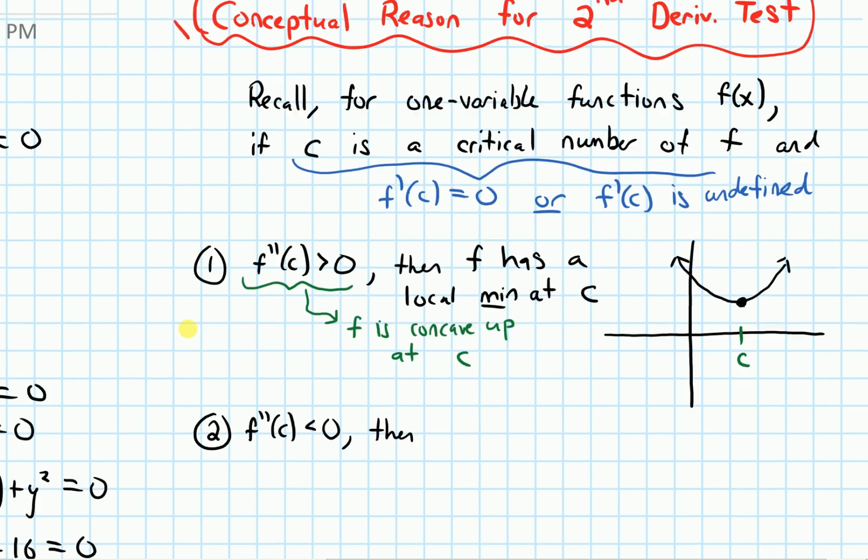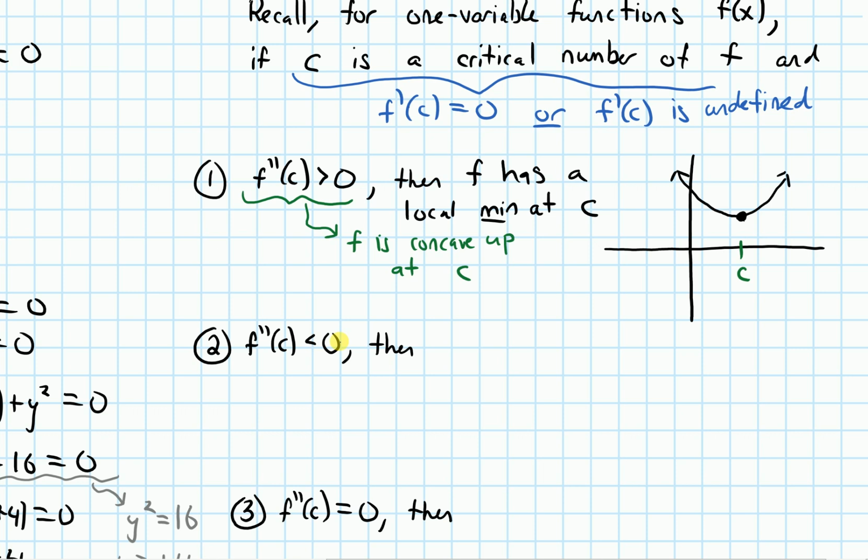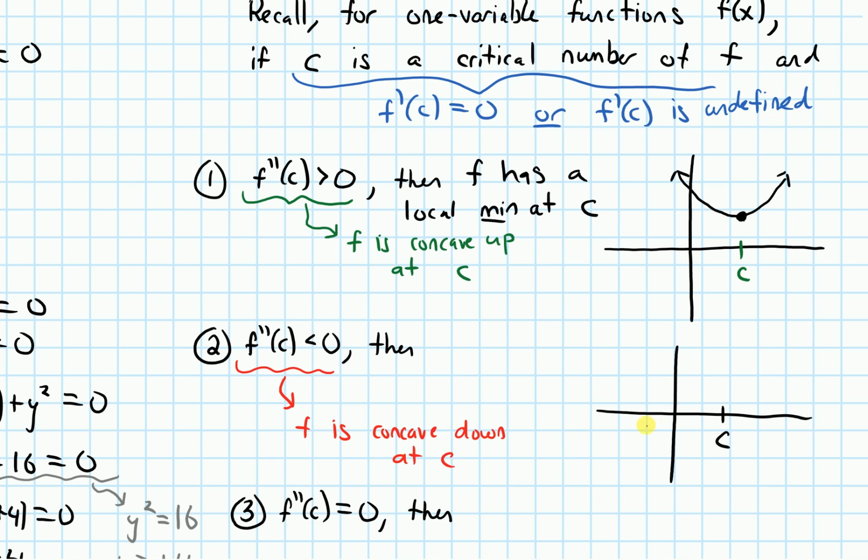I could say something similar when my second derivative is negative. The picture this time, let's say this is where c is. If the second derivative is negative, that's going to mean that f is concave down at c. So that's going to have a shape like this.